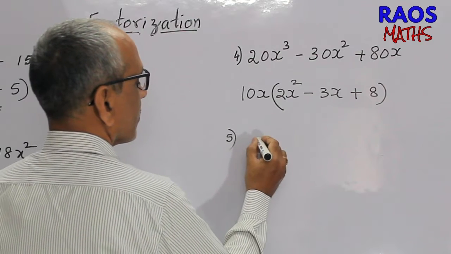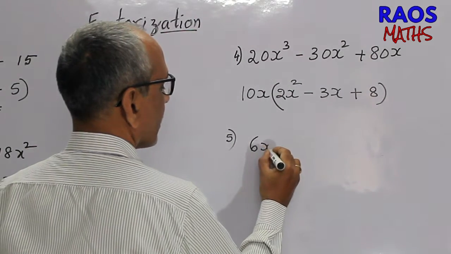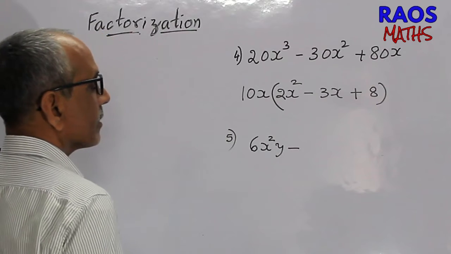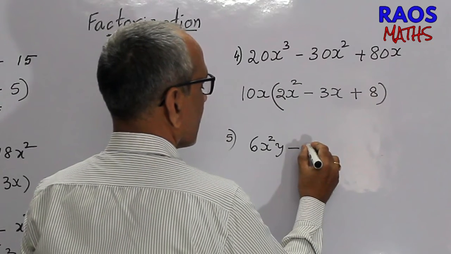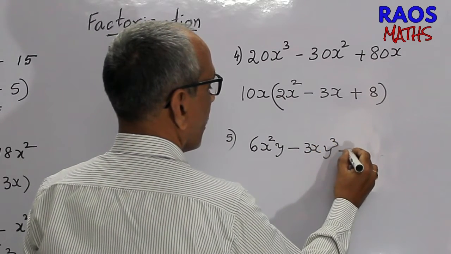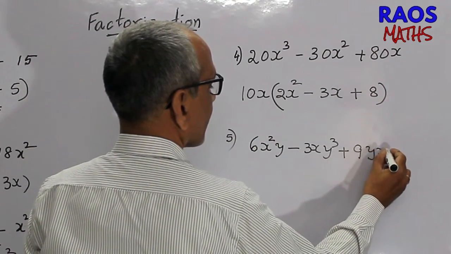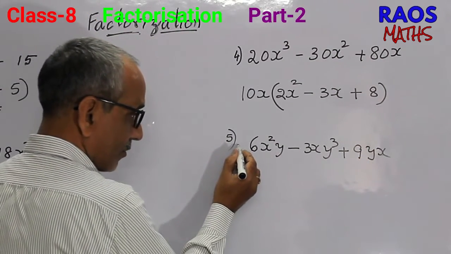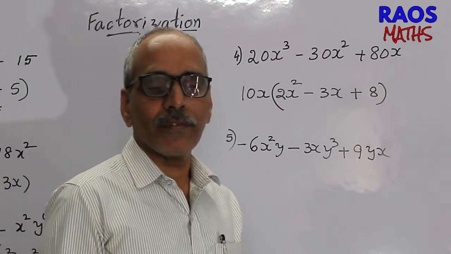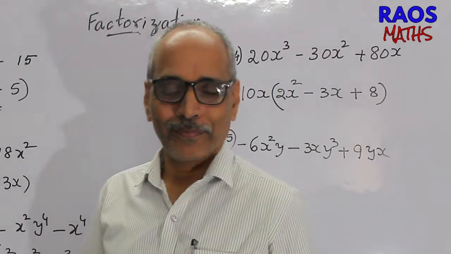Here it is. 6x square y minus 3xy cube plus 9yx, but I give a negative sign here. Students often get confused if an expression begins with a negative sign. That's a common syndrome.